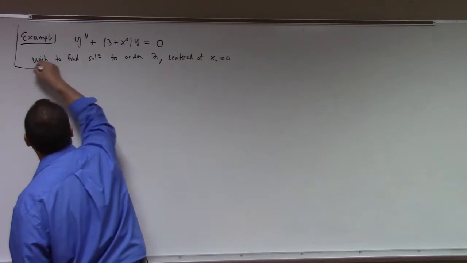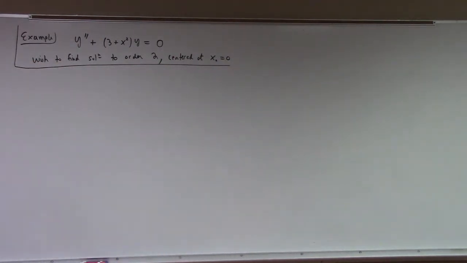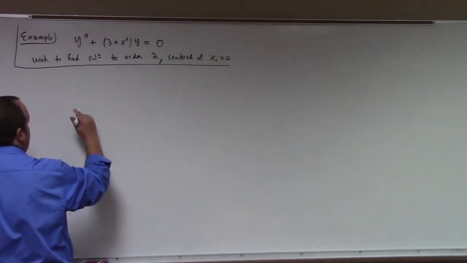If you have a problem like this, the summation notation is not what you want. You want to use the plus dot dot dot notation. That's way more efficient for this sort of problem, but the general technique is still the same.